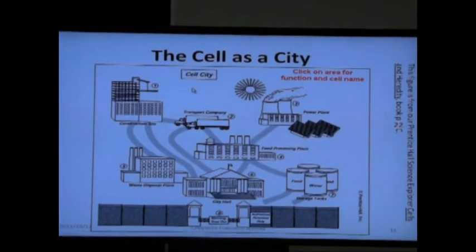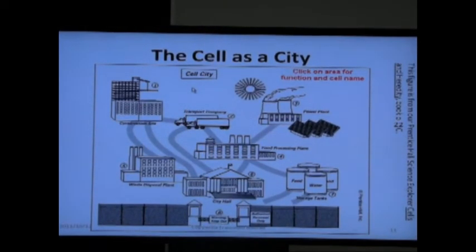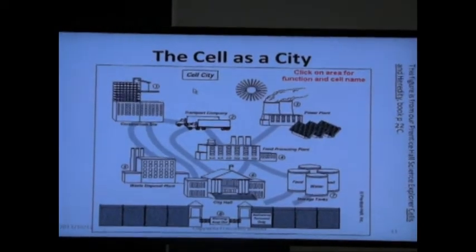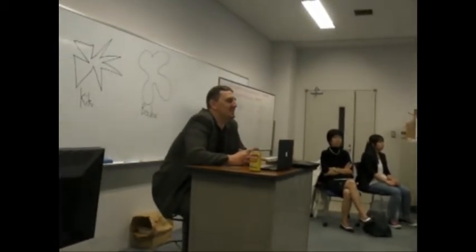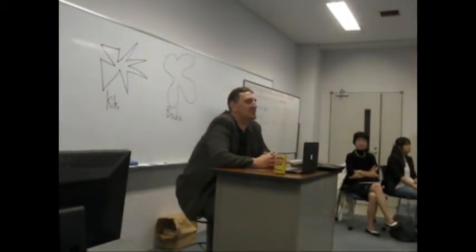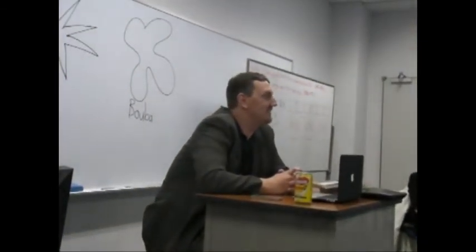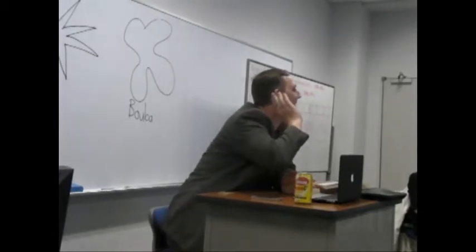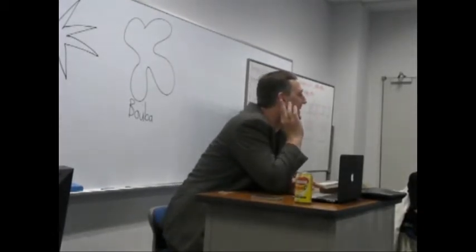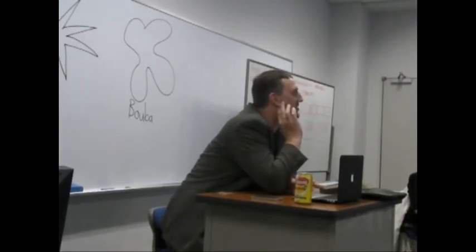Okay? It has a special area called the City Hall. And the City Hall plans things. Anybody do biology? What do we call the City Hall in a cell? Nucleus.